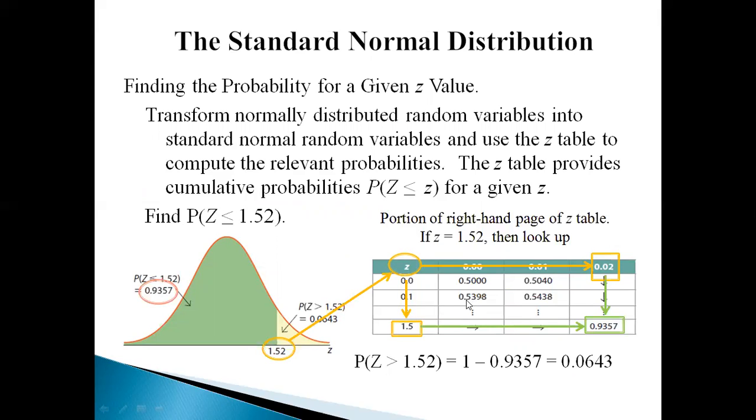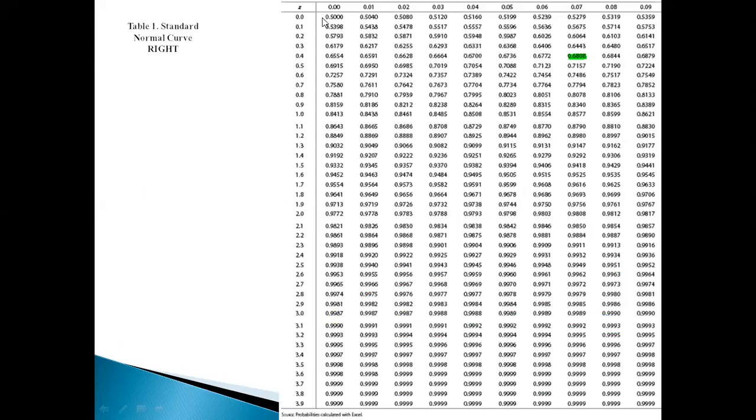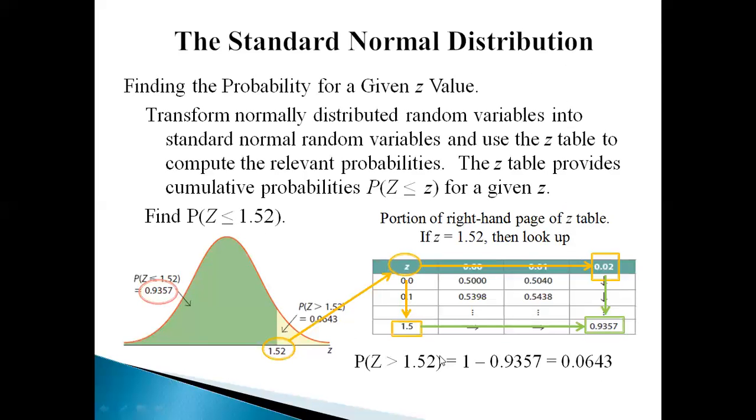This is really the table we're going to be using. We have the z's coming down here, and we have the second decimal place going over here. So 1.52, we come down here to 1.5, go over to the 0.02, and 0.9357 is going to be our value for the probability here.